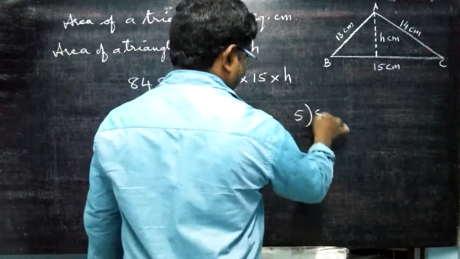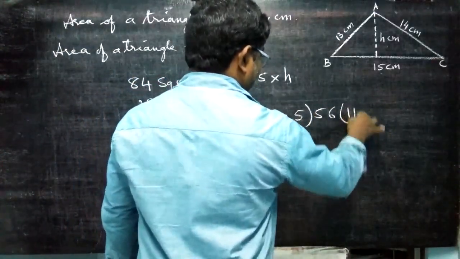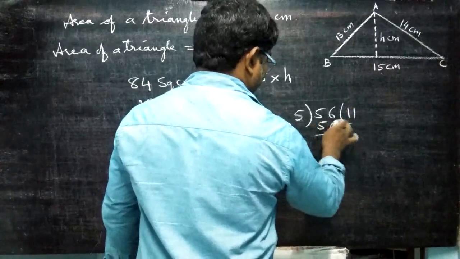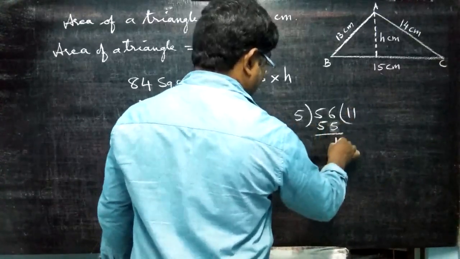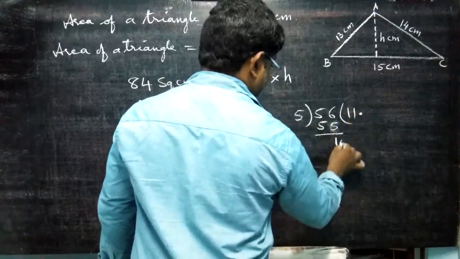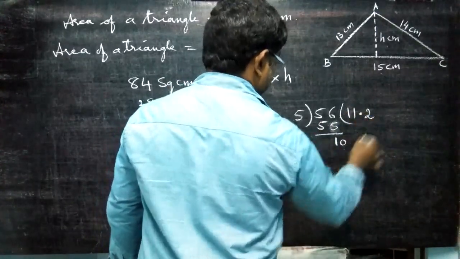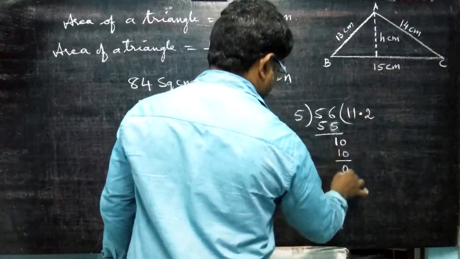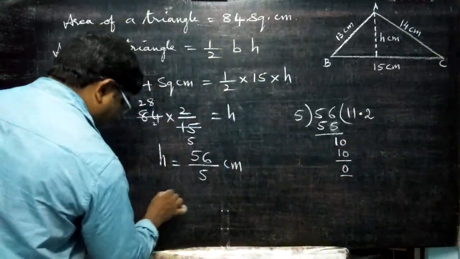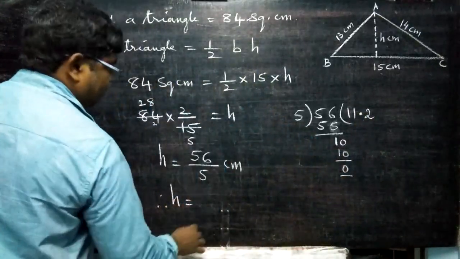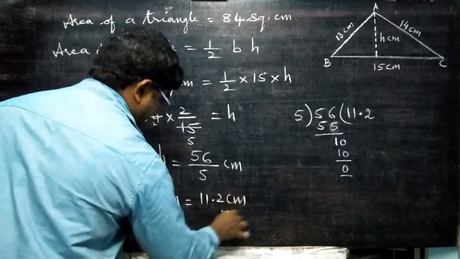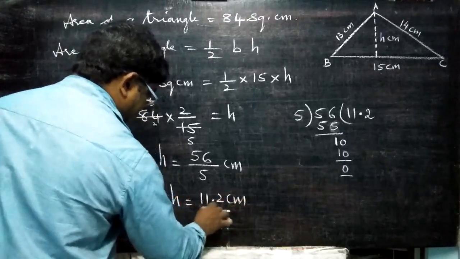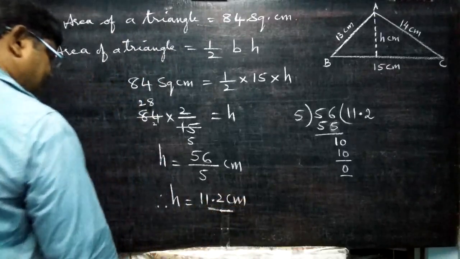With 5 you divide 56. 5 elevens are 55, 1 remaining. Keep decimal, 0. 5 goes 2 times, 5 twos are 10. Now we got 0. So therefore height is equal to 11.2 centimeters. This is the answer. Able to follow?